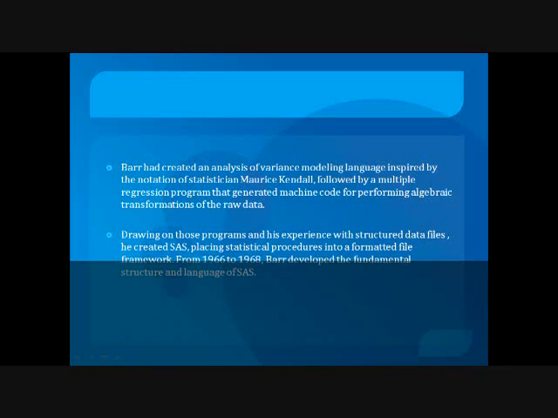Drawing on those programs and his experience with structured data files, he created SAS, placing statistical procedures into a formatted file framework. From 1966 to 1968, Burr developed the fundamental structure and language of SAS.